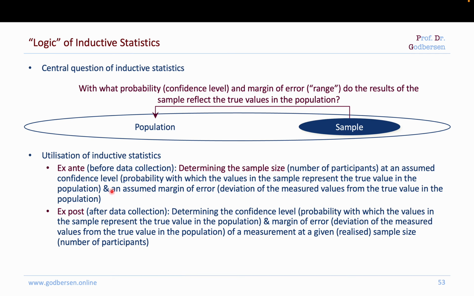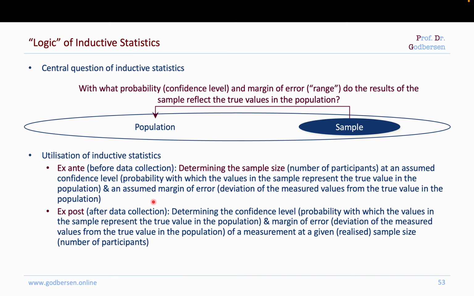To this end, you need to set a confidence level, the probability with which our values represent the true values in the population, and we need to define a margin of error. So how much do we allow our values to deviate from the true values in the population? And having done this, we can calculate the sample size. How many people do we need to get in our sample?